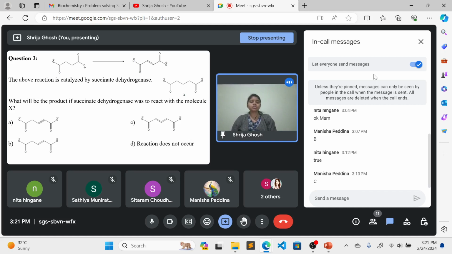What would be the product if succinate dehydrogenase has to bind with X, the molecule shown here as X? Anybody wants to answer? It's not very difficult. Think of it.